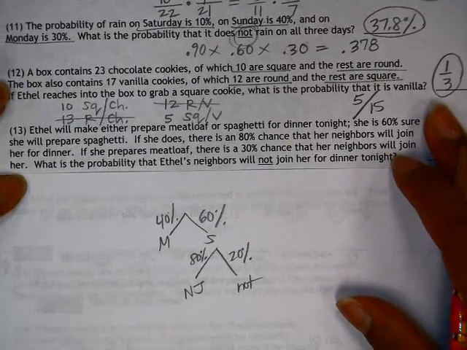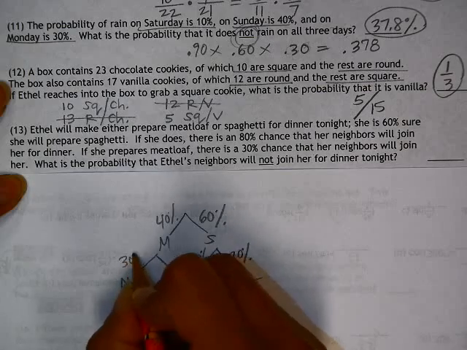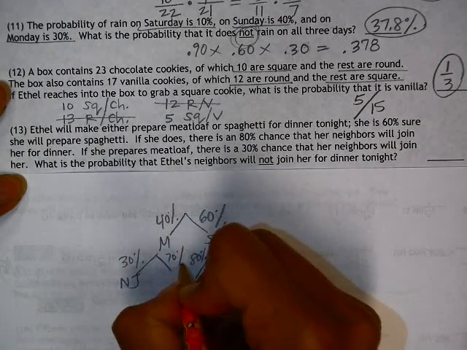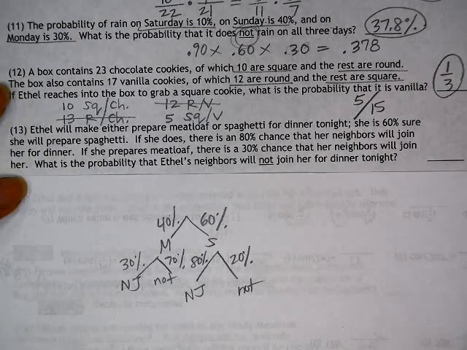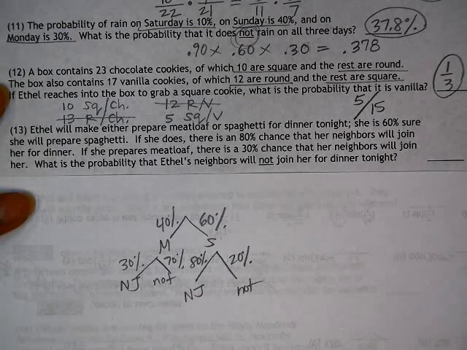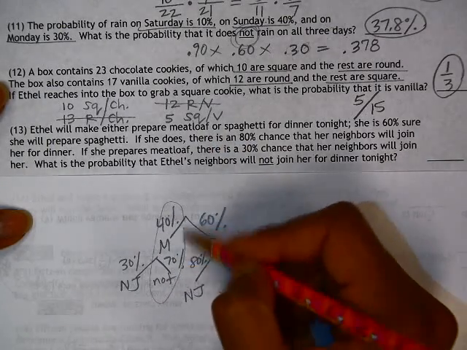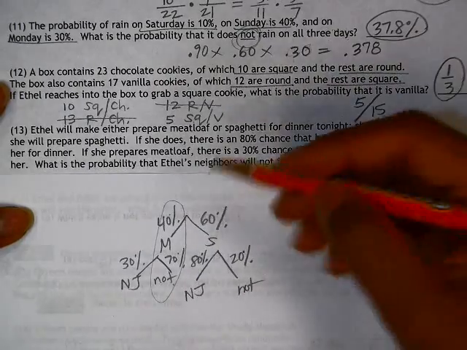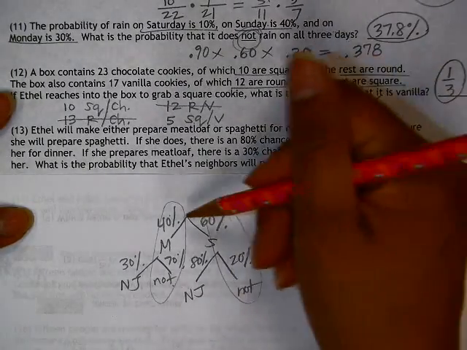If she prepares meatloaf, there's a 30% chance that her neighbors will join. So here there's a 30% chance, which means there's a 70% chance that they will not join. What's the probability that Ethel's neighbors will not join her for dinner tonight? So we have 2 possibilities going on here. There's this possibility of not joining, and then we have this possibility that they won't join. So let's look vertically here.